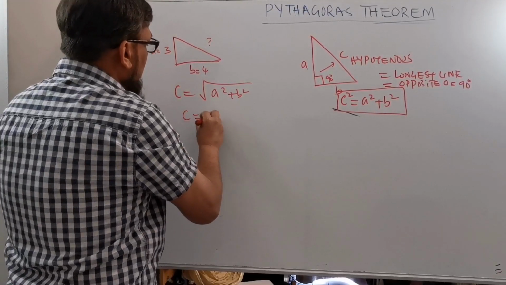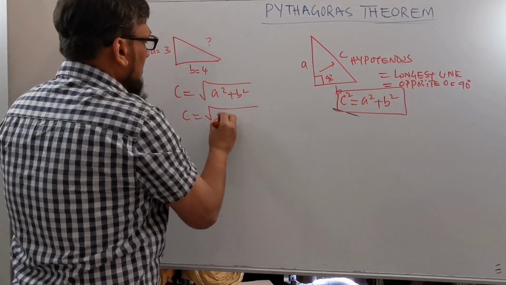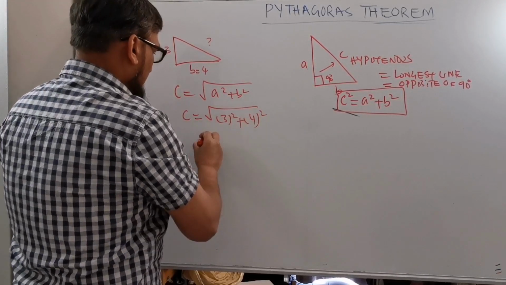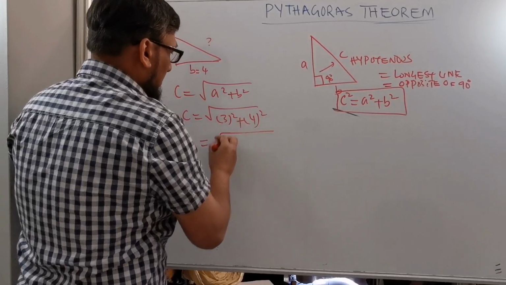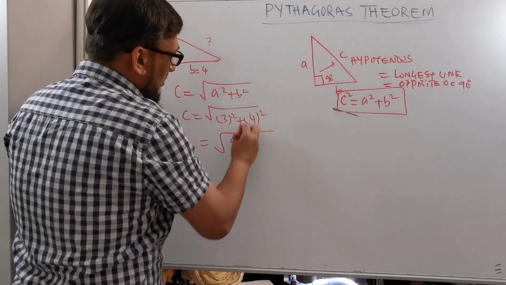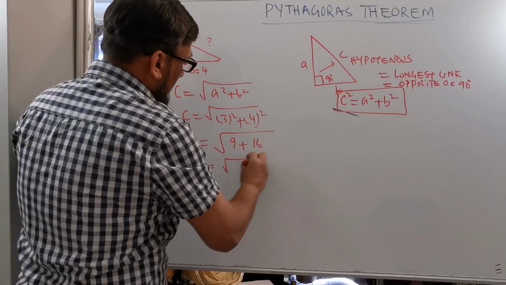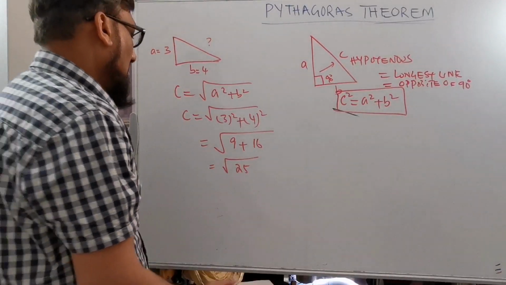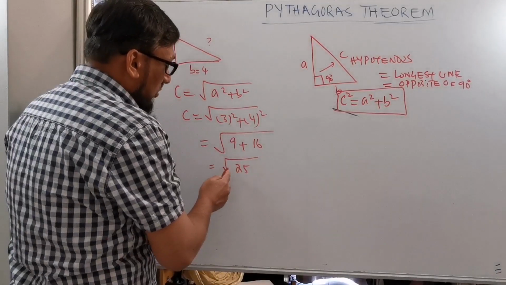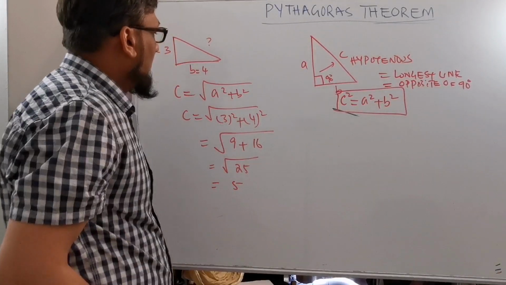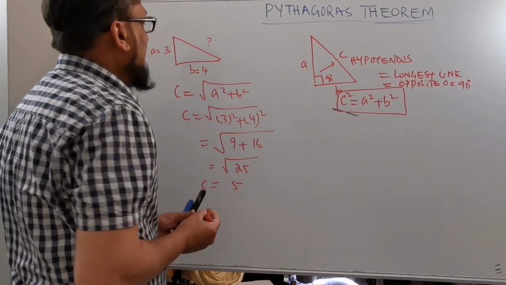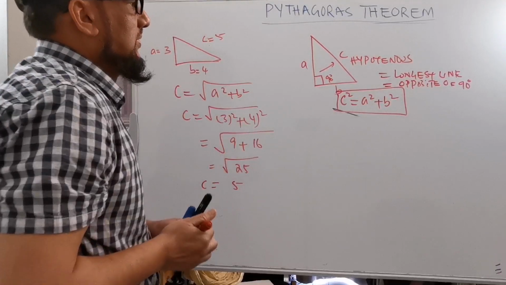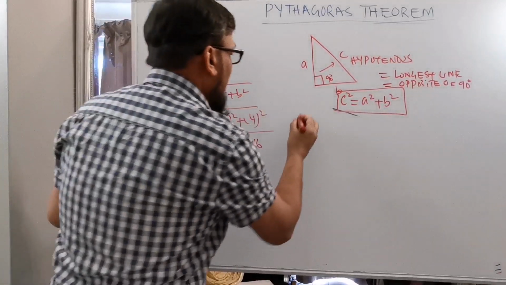Substituting the values, 3 square plus 4 square: 3 times 3 is 9, 4 times 4 is 16. So the square root of 25, and we know 5 times 5 is 25. Removing the root, the answer is 5, so the value of C is 5.